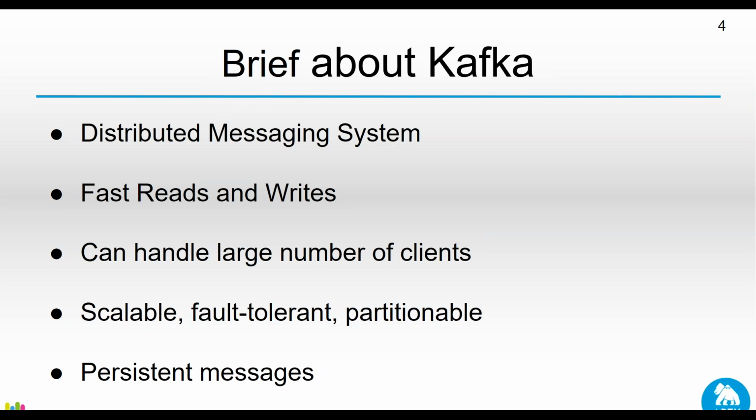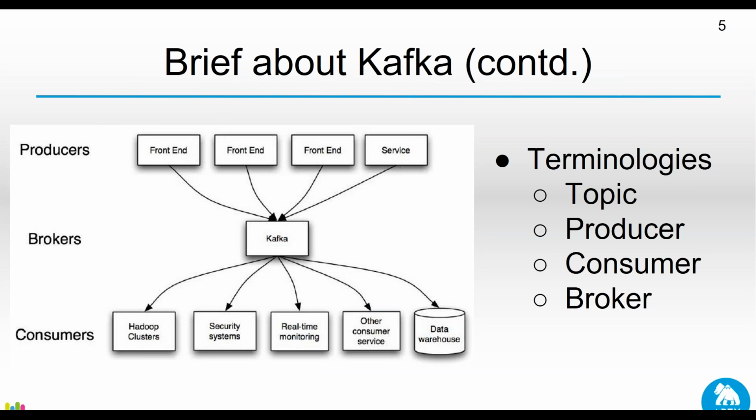It's scalable, fault tolerant, and partitionable. When we say fault tolerant, Kafka persists data on disk, so it writes these logs on disk. If you happen to lose a node, or something goes wrong in the cluster, the zookeeper will ensure that it provides you the data. This is the beauty of Kafka.